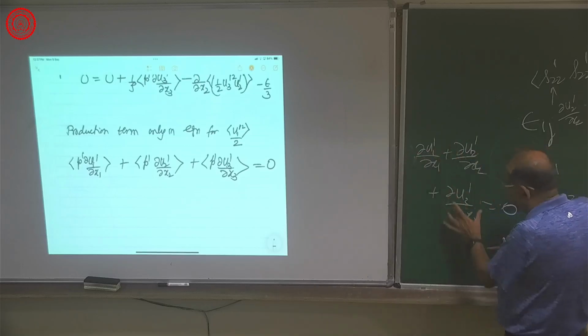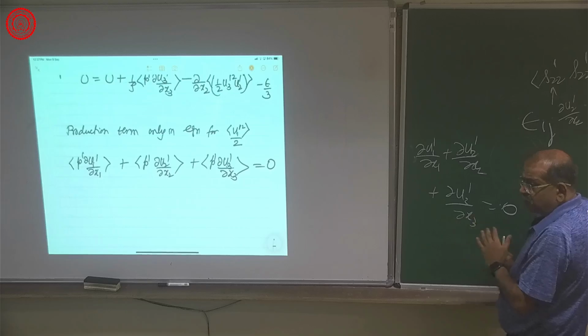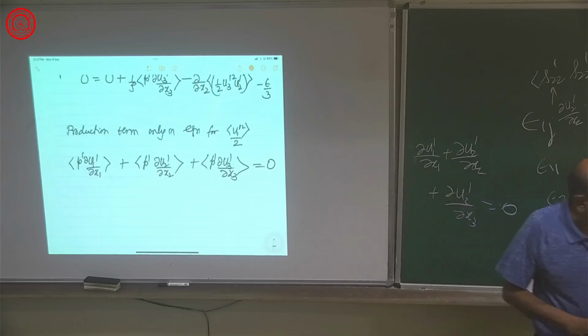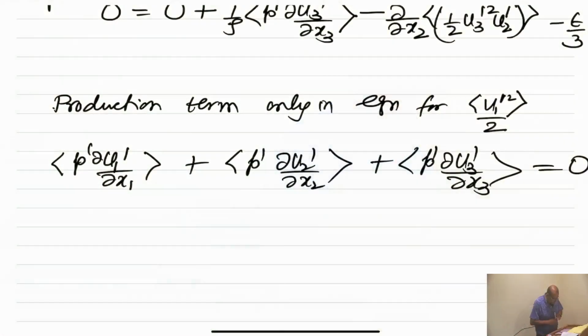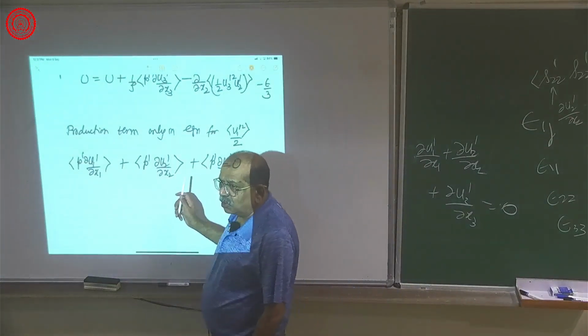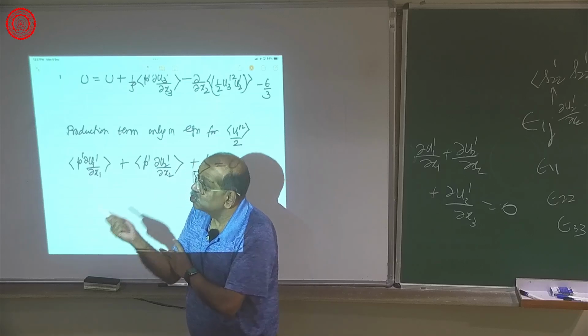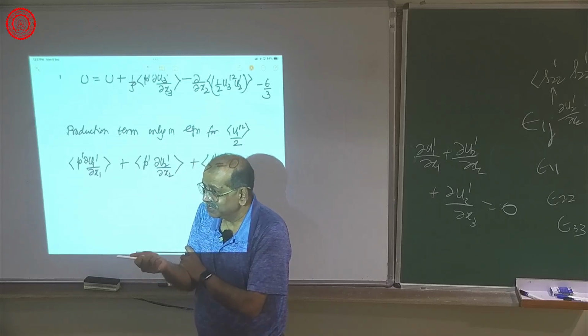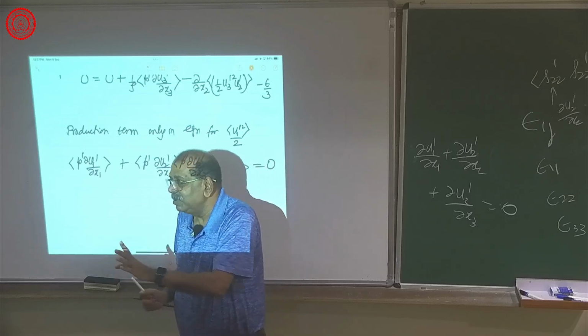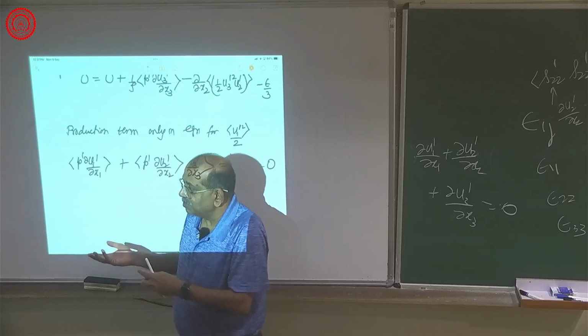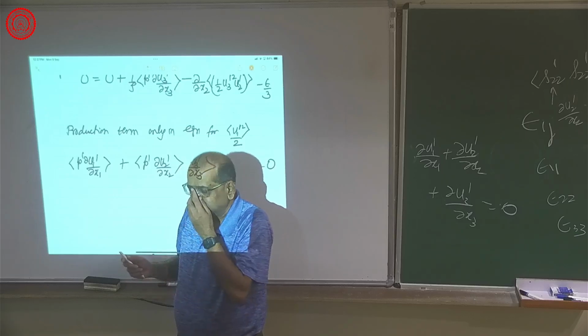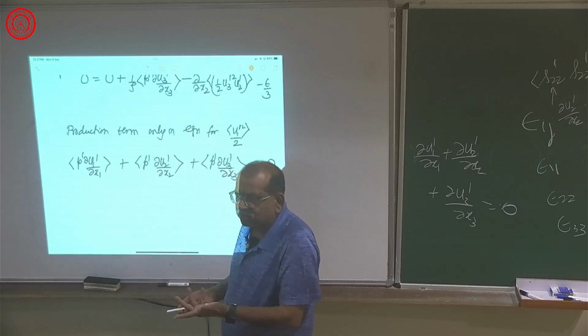So that means sum of these is 0. Okay. Now the reason why I am working this out is, if all these sums are 0, if one of these is positive, two have to be negative. So at least one of them will be positive and others will be negative, because sum of all of these is 0.